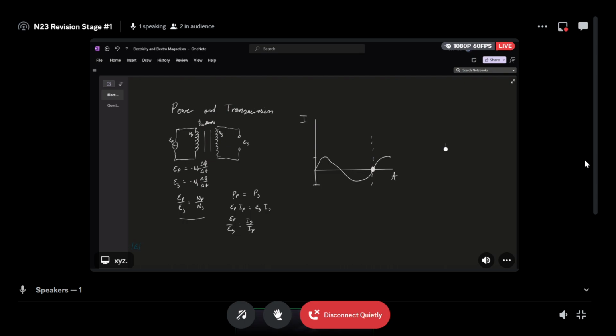But that is not the case, because you always have some current flowing through the wire. It's just that sometimes it's equal to 0. So if we take the absolute average, what we get is this thing called root mean squared.